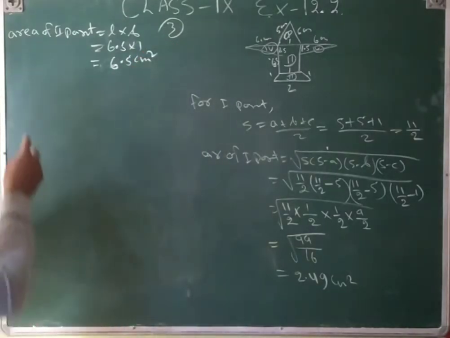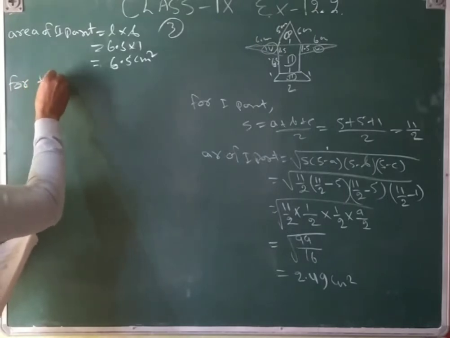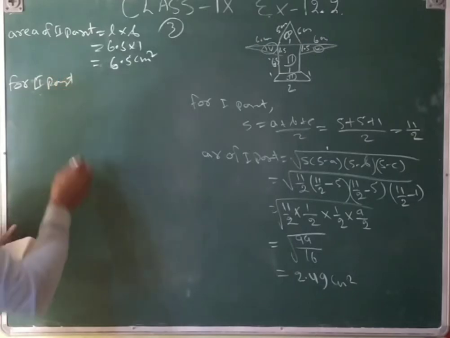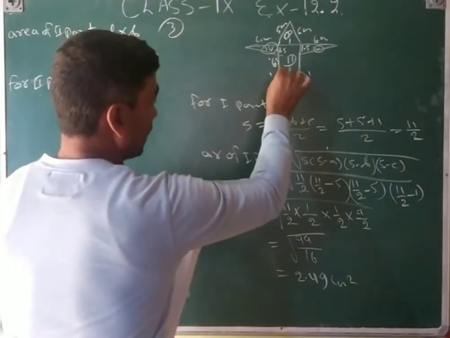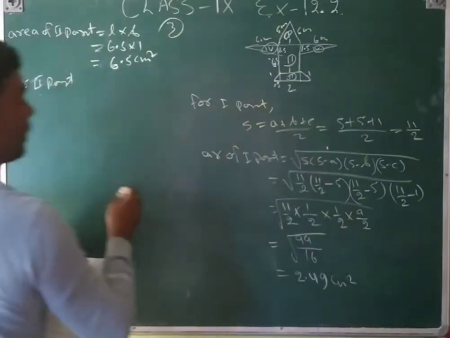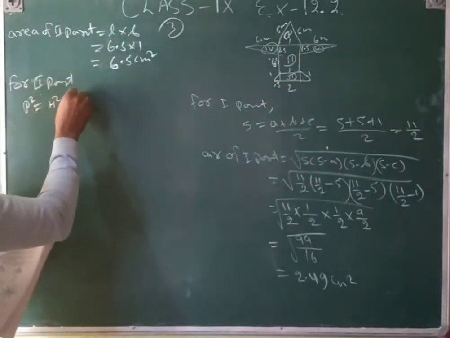Now for third part, this is the most important. For third part, first of all we join this one also, so that will be 0.5. So first of all we will find the perpendicular. Perpendicular square is equal to hypotenuse square minus base square.